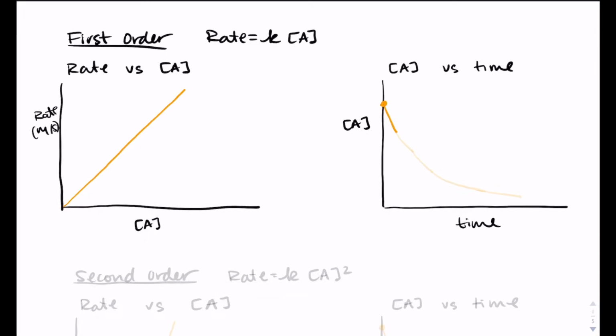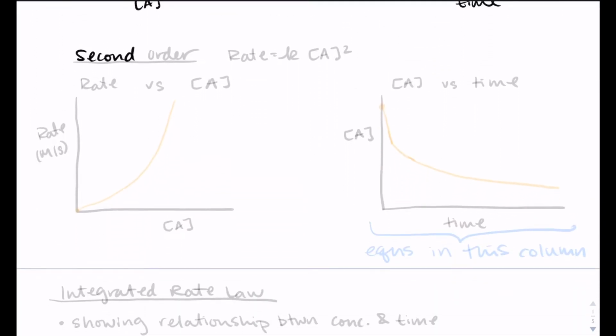So you get just kind of back and forth, this tapering off effect in the concentration versus time. It will start to disappear more slowly as the reaction proceeds because the reaction is slowing down.